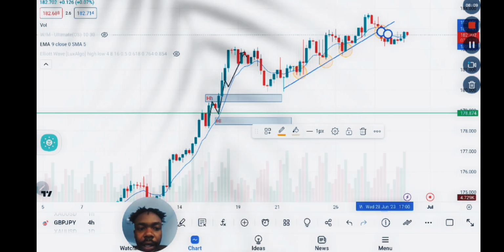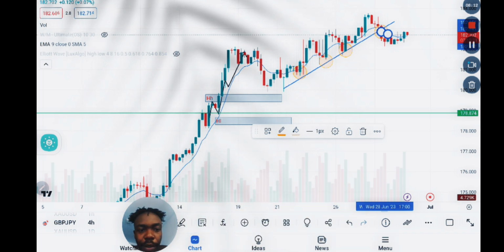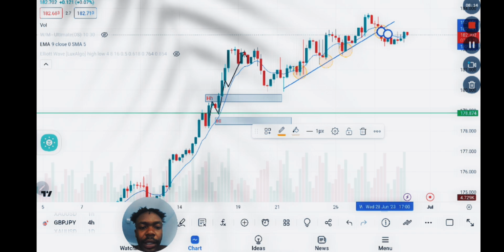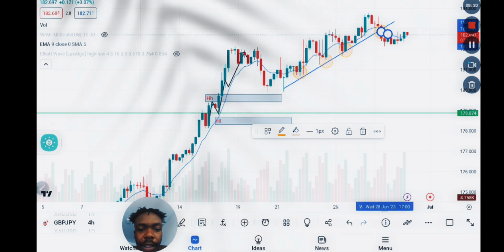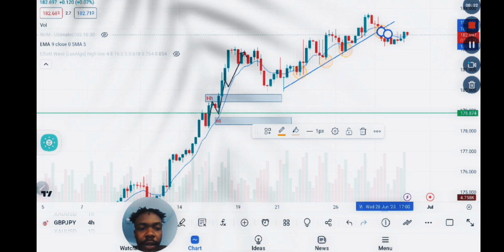Because it's a straight line, when you plot it diagonally, automatically it will fall into these parts of resistance, and once you see it's been touching on your line, most likely you've identified a trend line.